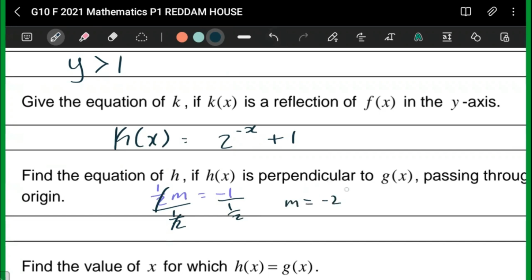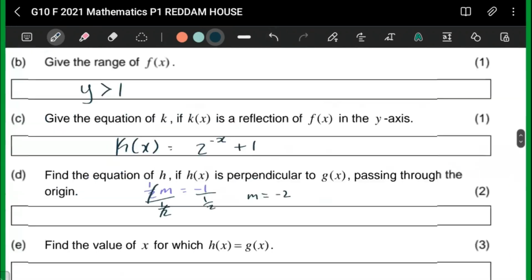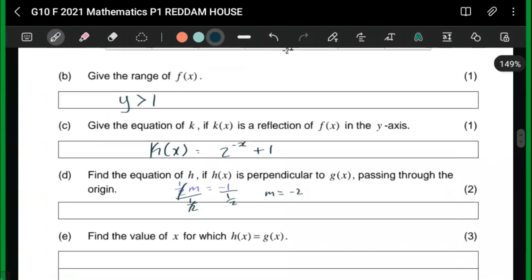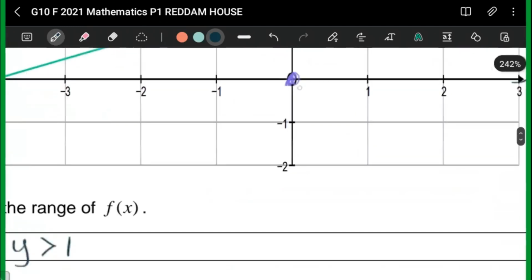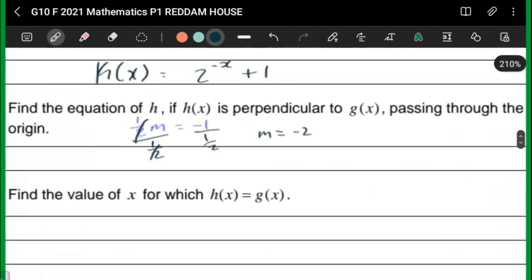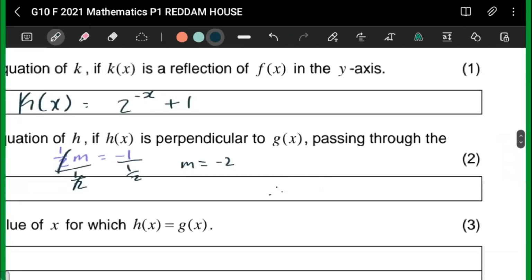Here we go. That's the gradient of H. The y-intercept of H is just a 0 because it passes through the origin. So the equation of H, you're going to say h of x is equal to -2x, because your gradient is a -2, your y-intercept is a 0.